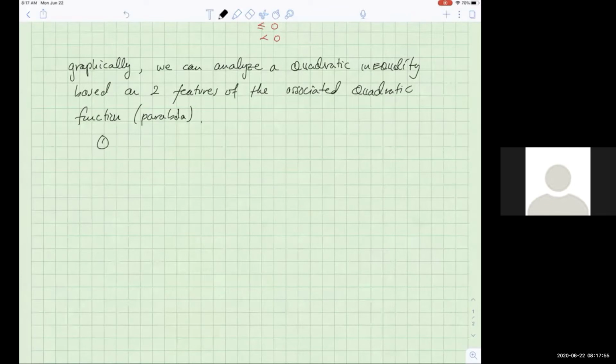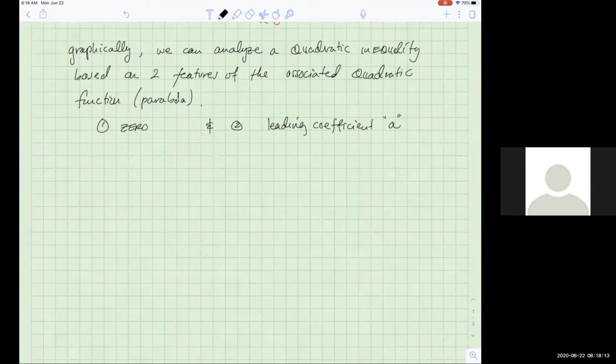One, the zeros, and two, the leading coefficient, A, from the coefficients A, B, and C.